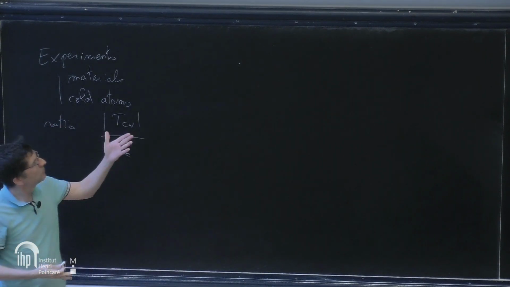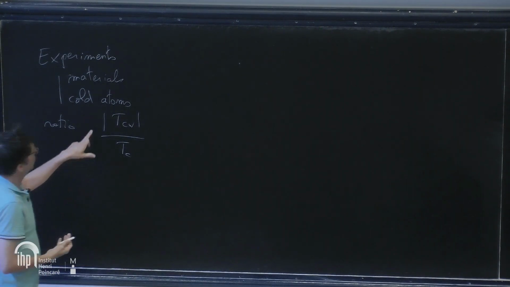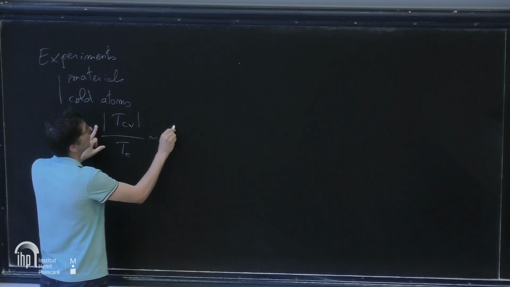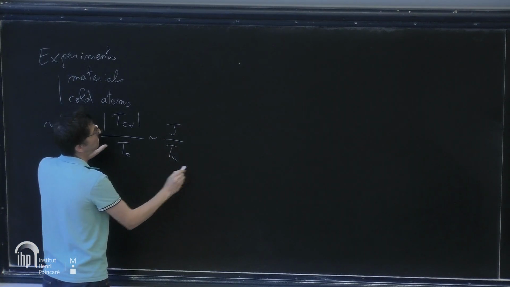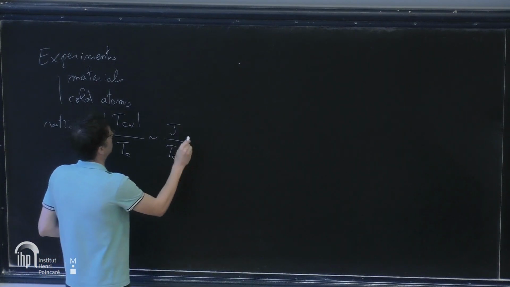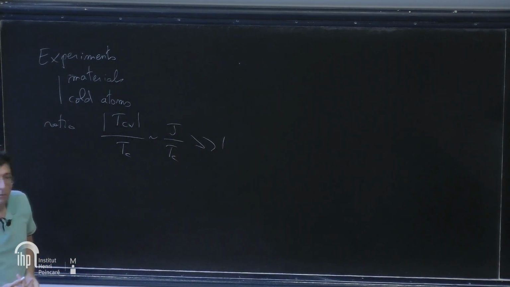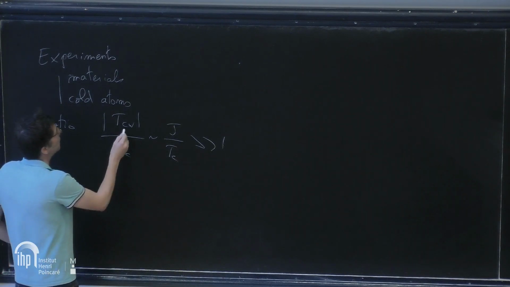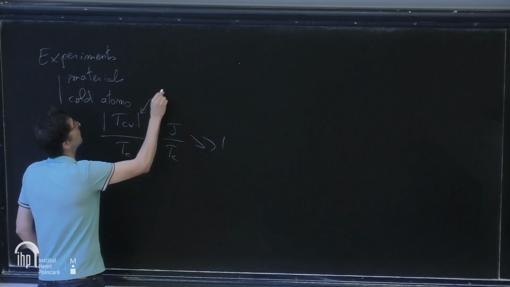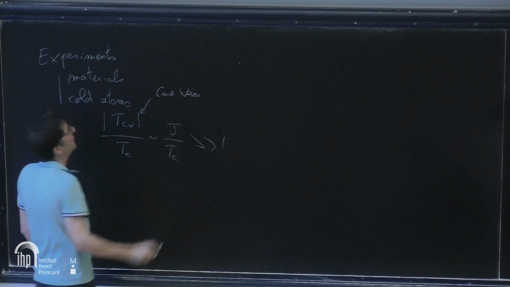Because ultimately, the hope is that there is no order even at 0 temperature, but very often due to additional couplings, the materials do order. So this is the typical energy scale, and this is TC. And if this is very large, Curie-Weiss, yes, Curie-Weiss.